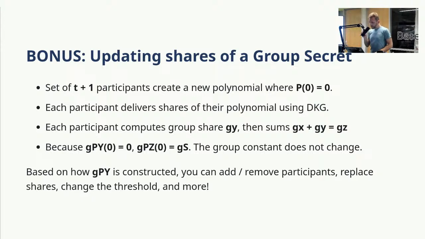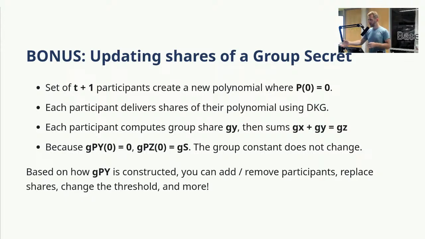What you can do is go through the distributed key generation protocol again and set up a new secret and a new key pair for the group. But instead of everybody just picking some random secret for their own polynomial, everybody sets their secret to 0. When you set the secret to 0, you can still change everything else.